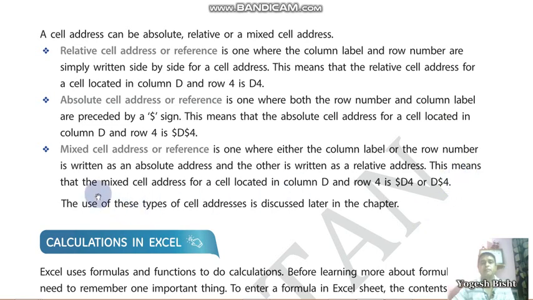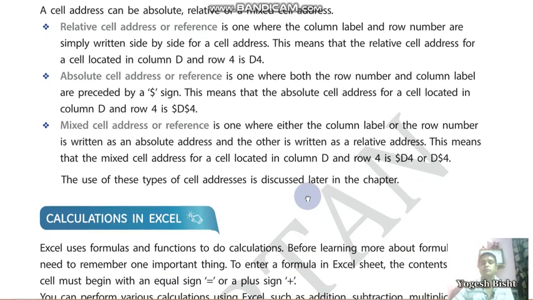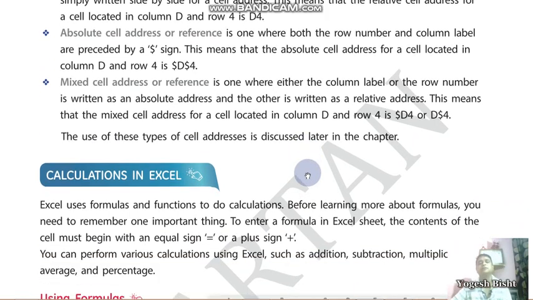This means that the mixed cell address of a cell located in column D and row 4 is $D4, or you can say D column and $4. The use of this type of cell is discussed later in the chapter, so we will know how we are going to express these different types of references, whether it is relative reference, absolute reference, or a mixed reference.